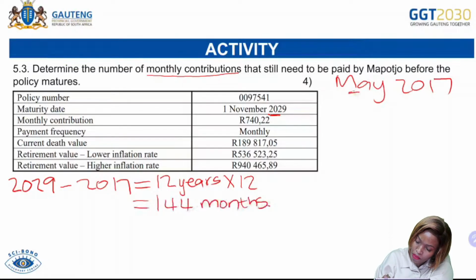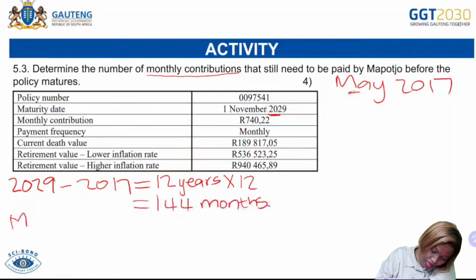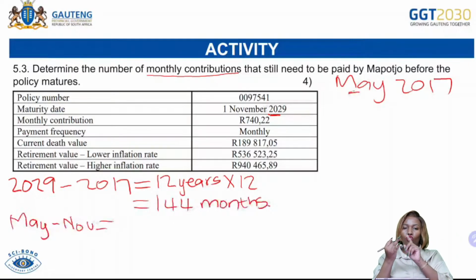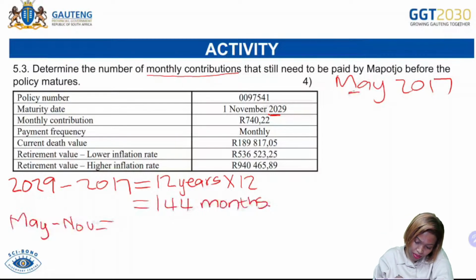And then from May to November, how many months are there? From May to November, it's May, it's June, July, August, September, October, November. It is 6 months.